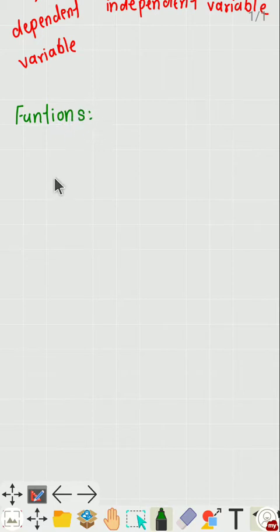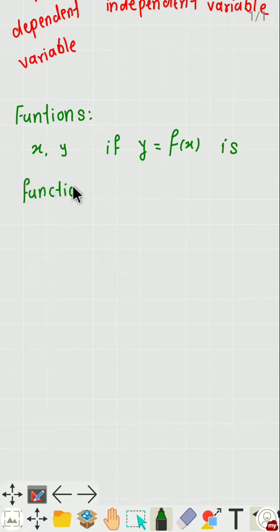For two variables x and y, if we have y is equal to f of x, meaning y depends on x, is a function, then we write the following things.